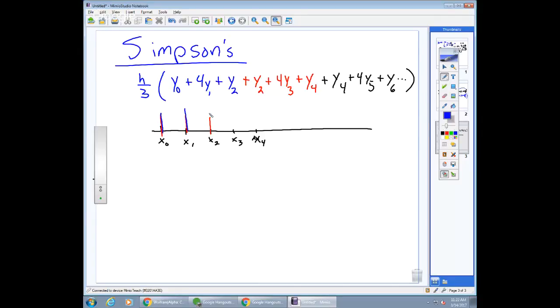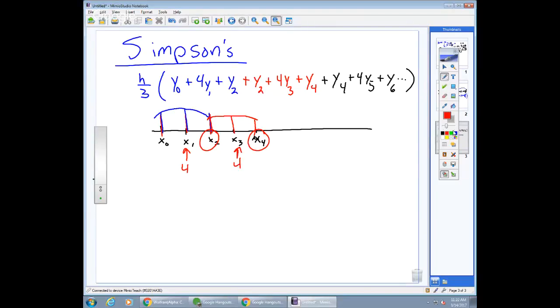So maybe those are the y values for that section right there. And Simpsons Rule essentially finds that parabola right there. But we have to pick up again for the next grouping at y2. So starting here, we group the next two together. And we find that parabola, whatever it looks like there, and so on. So every other one gets used twice. The middle ones get weighted 4 times.